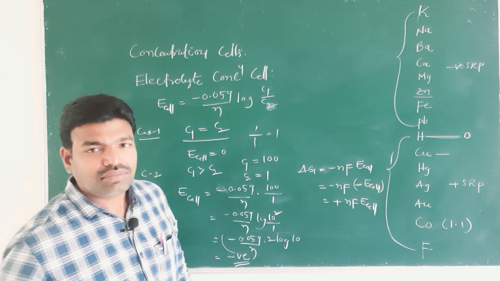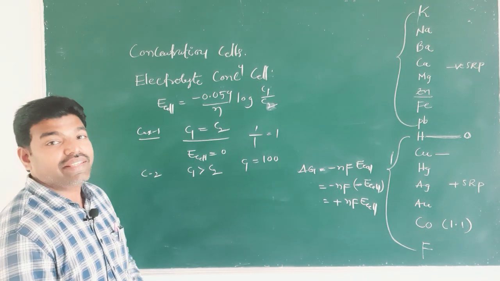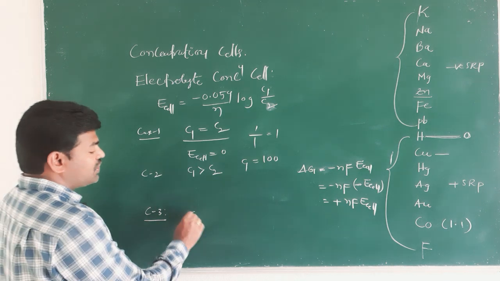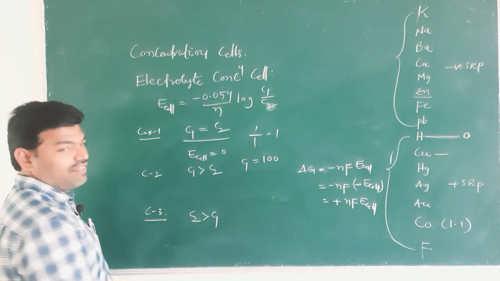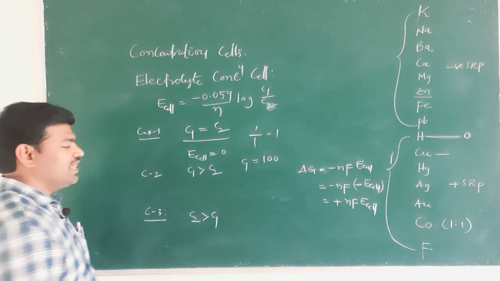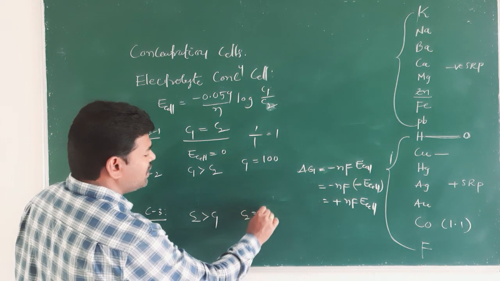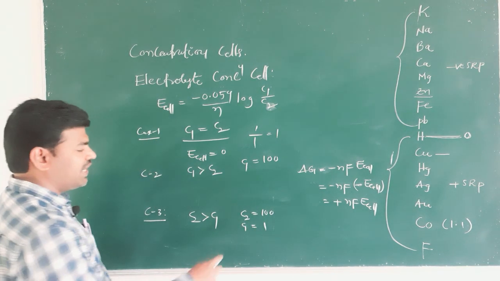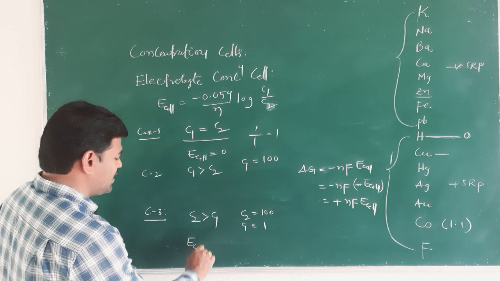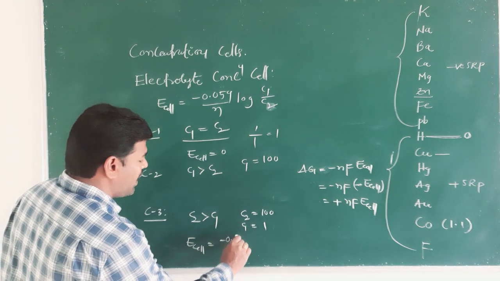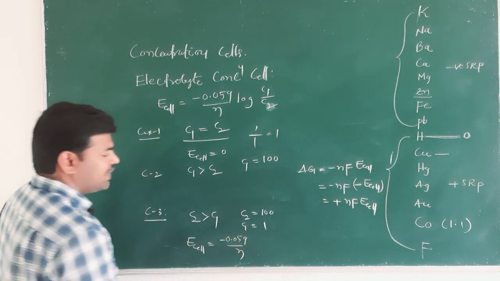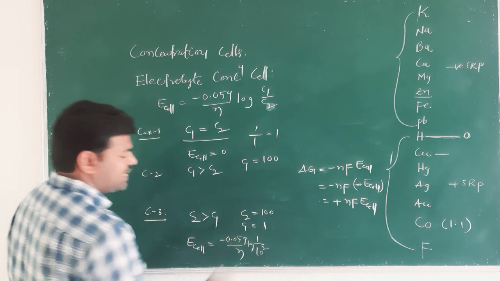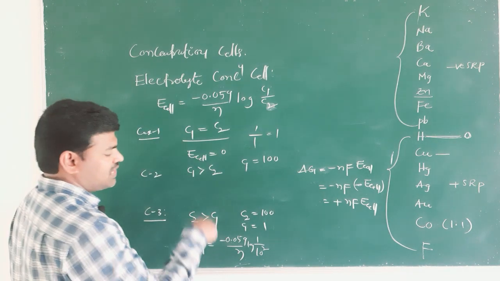And case 3 is when C2 is greater than C1. I shall take C2 as 100 and C1 as 1. Now we can write E cell equal to minus 0.059 by n log of 1 by 10 square, where we write 100 as 10 square.